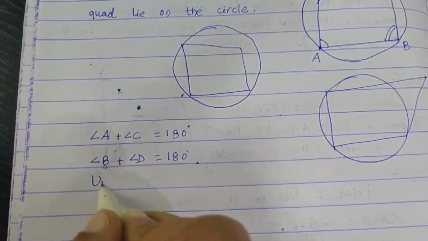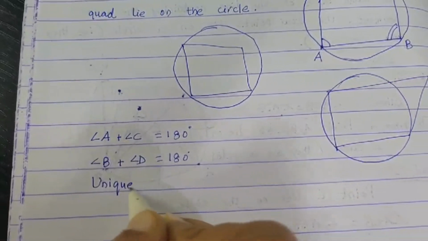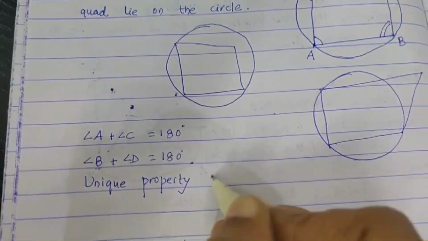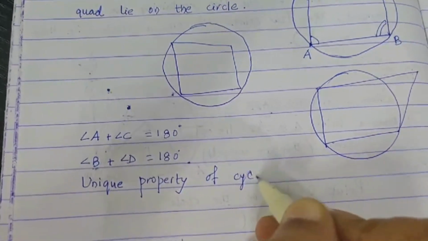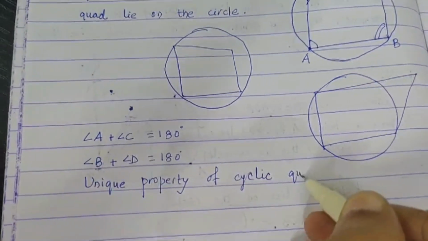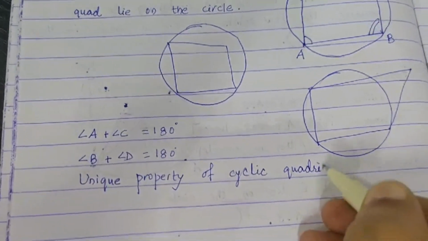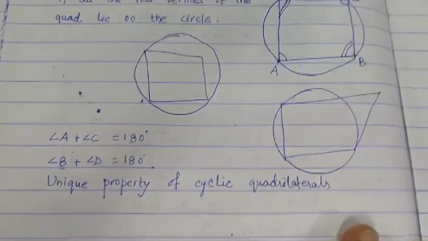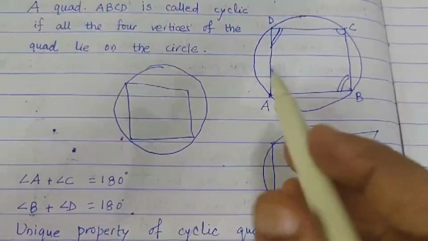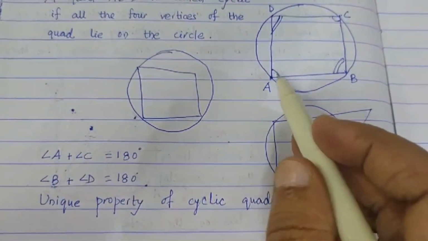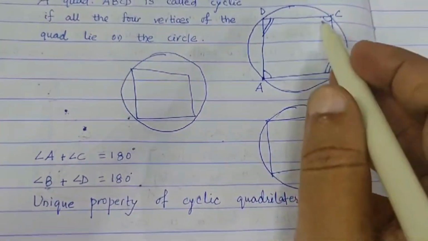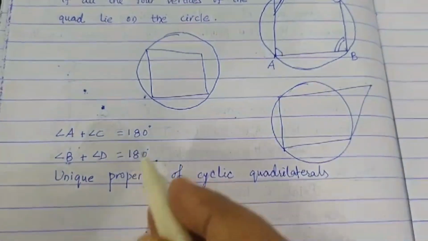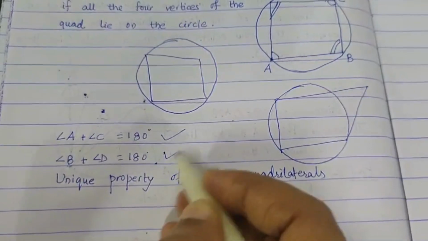This is a very unique property of cyclic quadrilaterals. If you try the activity, you can take any circle and cyclic quadrilateral, measure angle A and angle C and add them, and you will find it nearly equal to 180 degrees. So basically either pair of angles are supplementary.